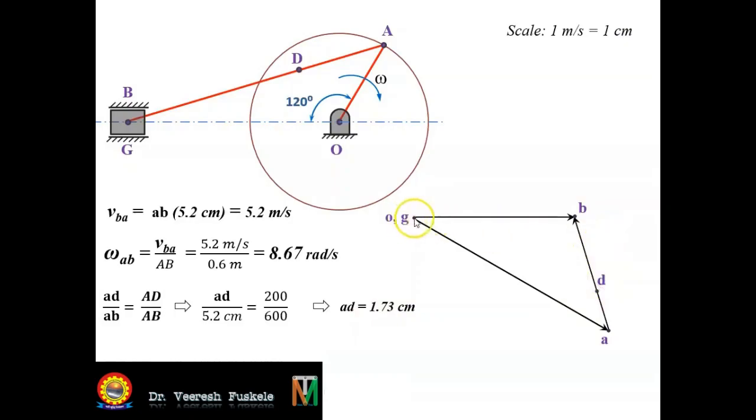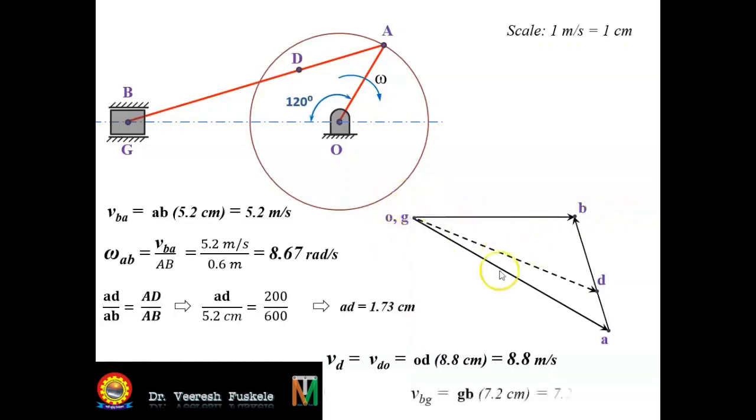Now we'll join G to D, or O to D, to get the velocity of point D. We'll measure this vector OD. The vector OD has been measured as 8.8 centimeter. So according to the scale, we get the velocity as 8.8 meter per second. We can also calculate the velocity of the slider.